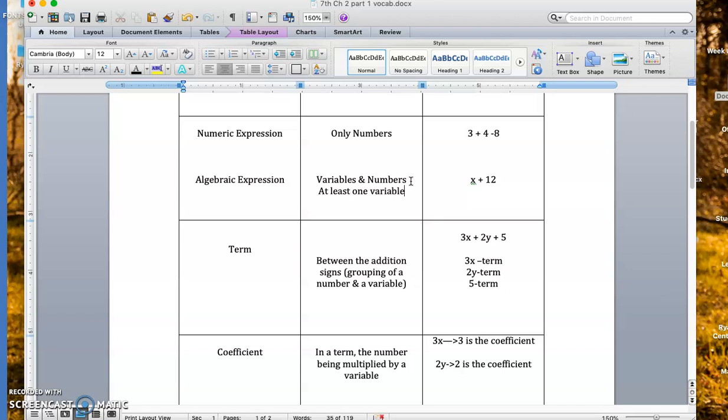It could have more, it could have multiple ones, but it has to have at least one. Now, it can still have numbers. Some people think that it can't because that's numeric, but no, algebraic will have variables and numbers. So here's an example of algebraic: x plus 12. We could have x plus y. That has all variables. They're both algebraic expressions.